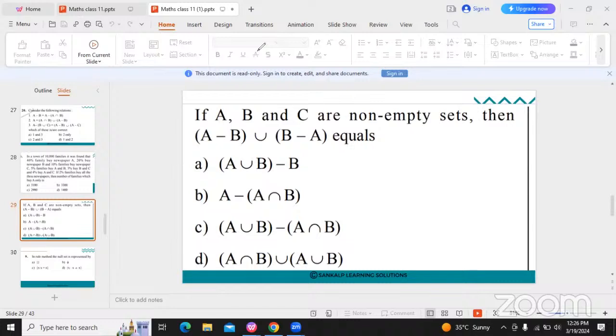The remaining I will try to solve. If A, B, C are three non-empty sets.